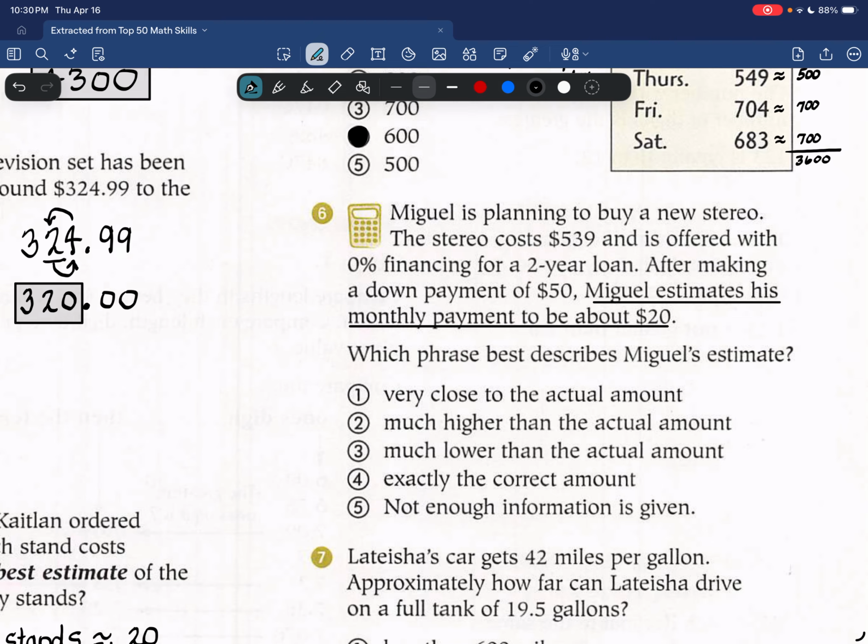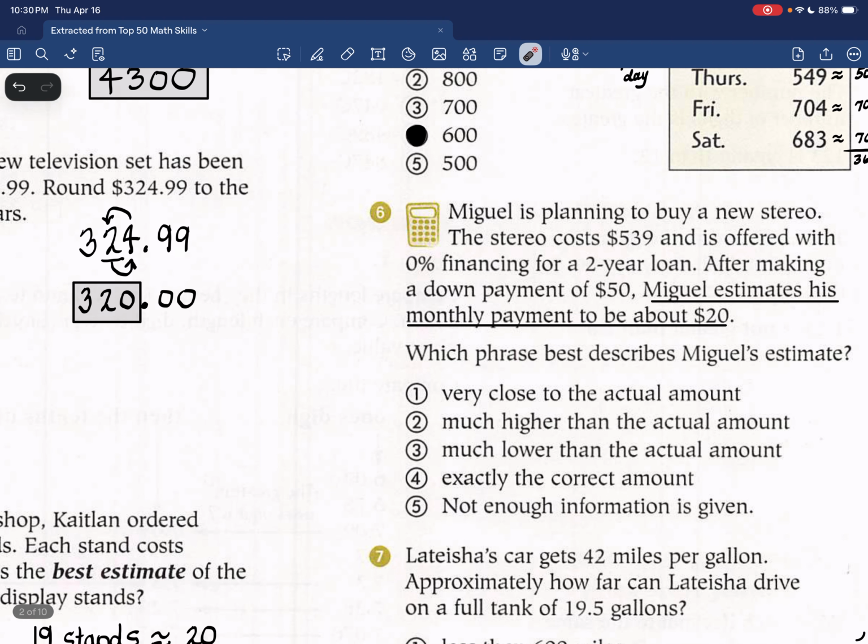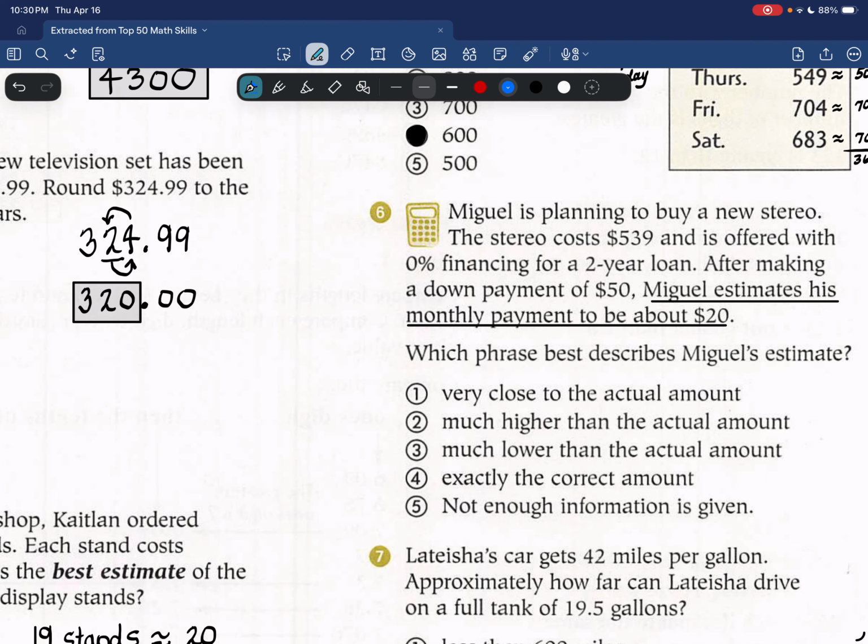If you notice, the choices here are all asking about the actual amount. So that's what you and I need to do. We need to find the actual true amount of Miguel's payments. And I'm going to change my pen color here just so we don't get mixed up with this other problem.